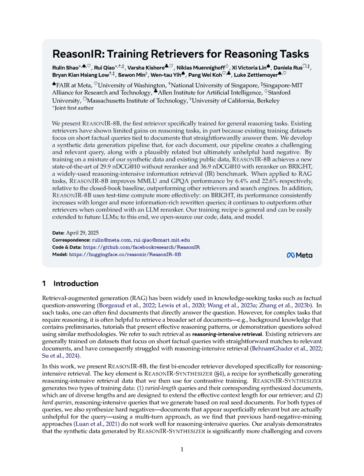For instance, consider a reasoning-intensive query like, how does the concept of opportunity cost apply in economic decision-making? First, the algorithm utilizes the ReasonIR synthesizer to generate a varied-length query and a corresponding positive document that provides relevant background information on opportunity cost.